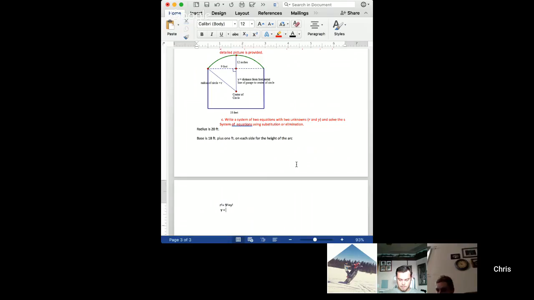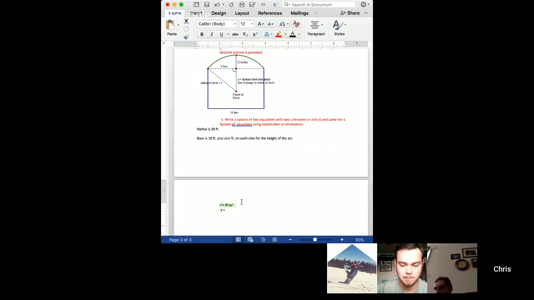Okay, so we know this equation is legitimate. That equation we know is legitimate.